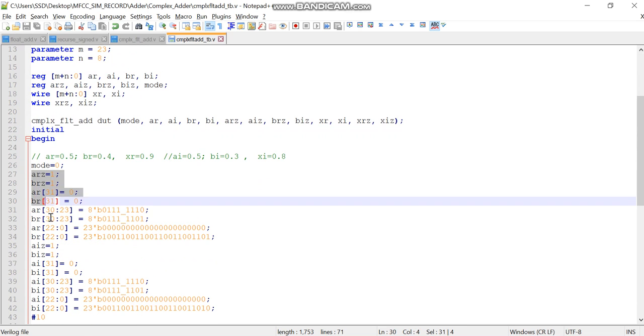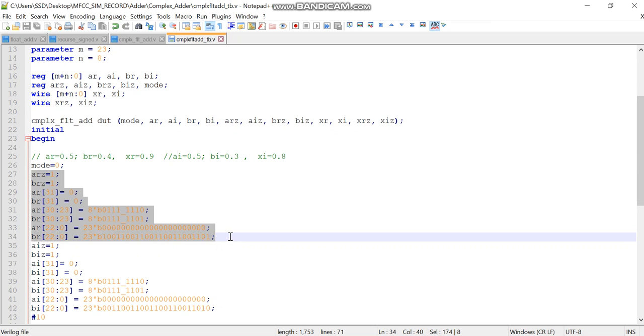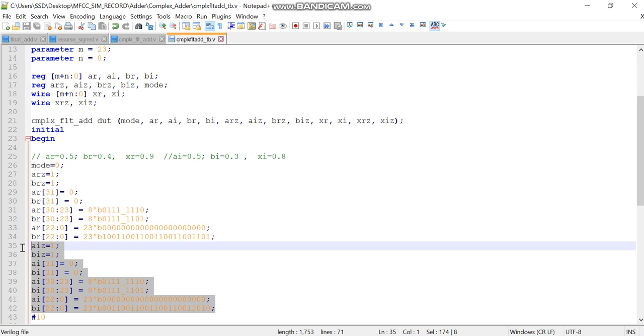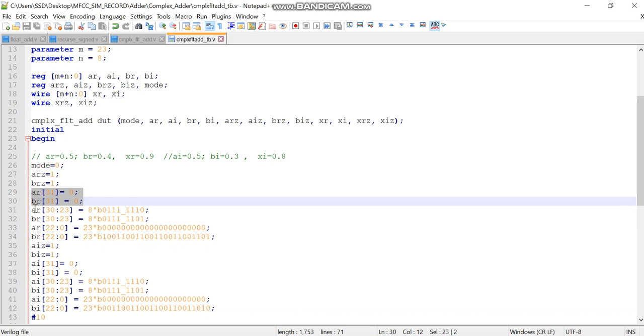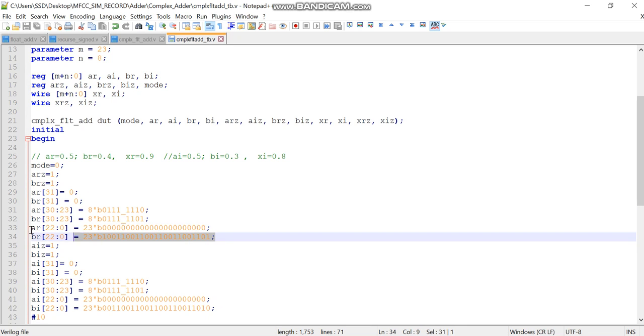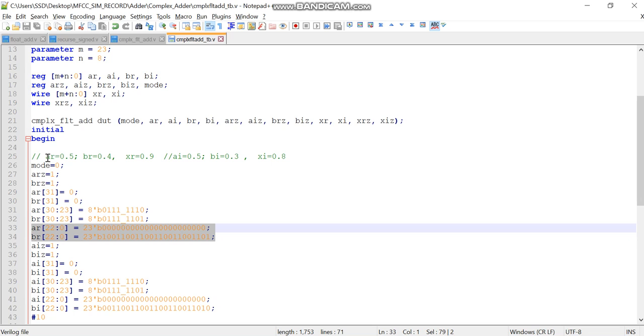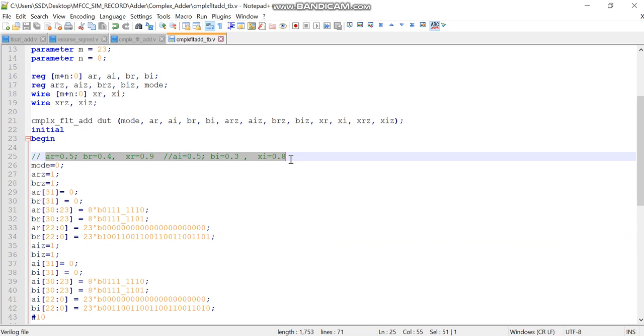So this part is the inputs for all the real parts of the complex numbers, and these are the inputs for the imaginary parts. I have taken inputs in this way, where I have divided the entire 32 bits into parts. So these two are the sign bits, these are the exponent bits, and these are the mantissa bits. So these are the inputs I have taken. I have just commented it for the reference.